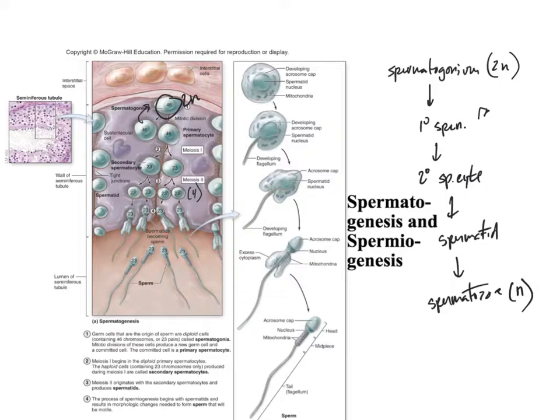Spermatogenesis starts at puberty on the onset of GnRH production and continues throughout the male life. As testosterone levels fall, as males get old, past 40, 50 years old, testosterone production falls off. Spermatogenesis falls off, but they're still present.